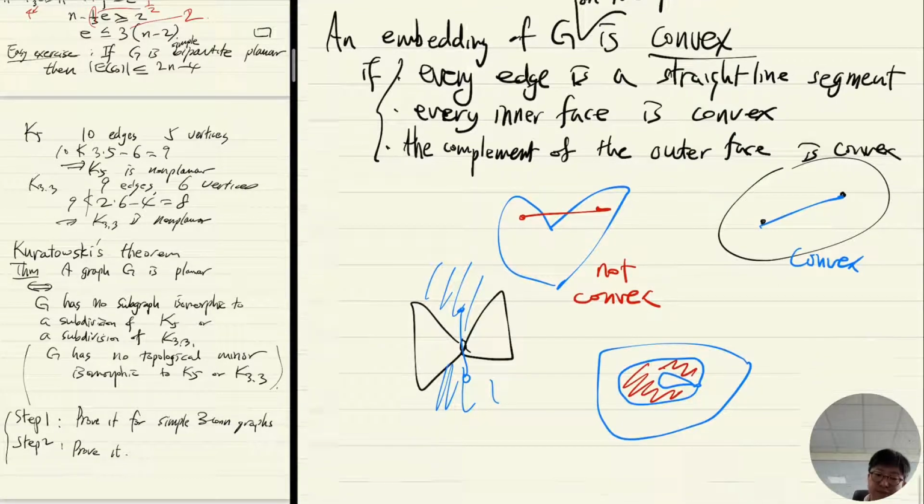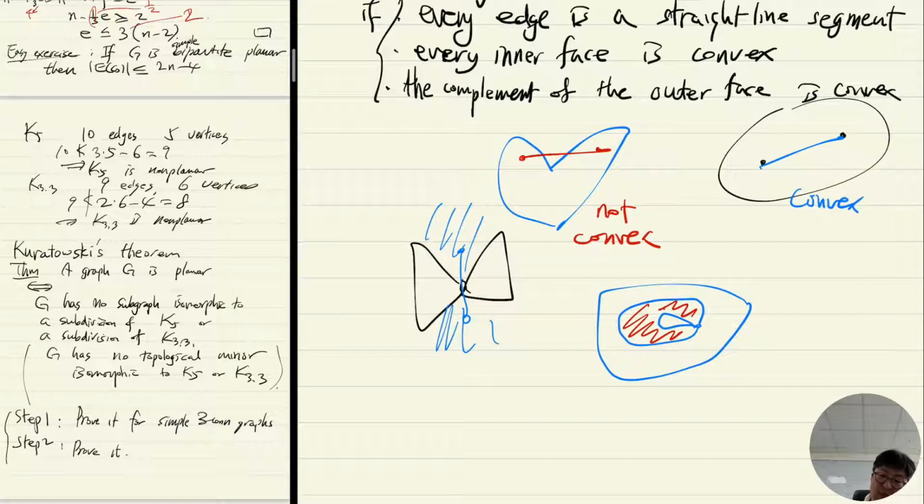So in order to have a convex embedding, you need some connectivity. And actually, two connectivity is not enough, because I might have drawings like this, with a face which is not convex.